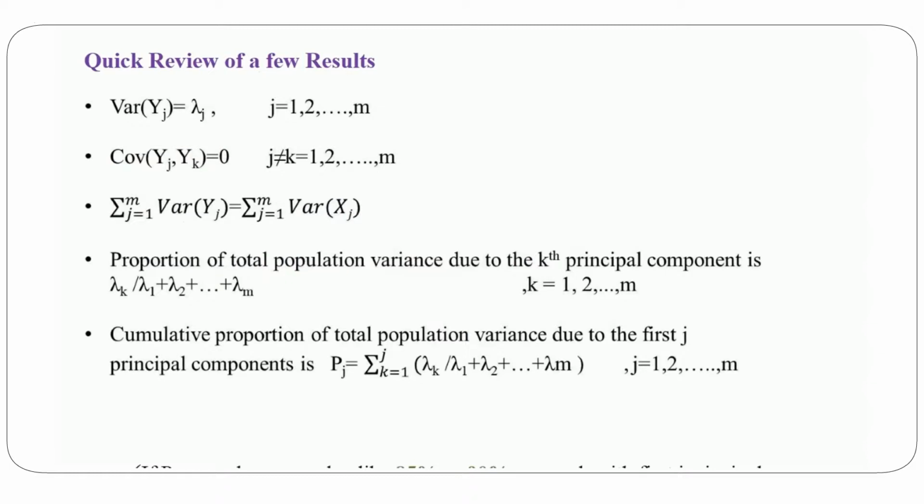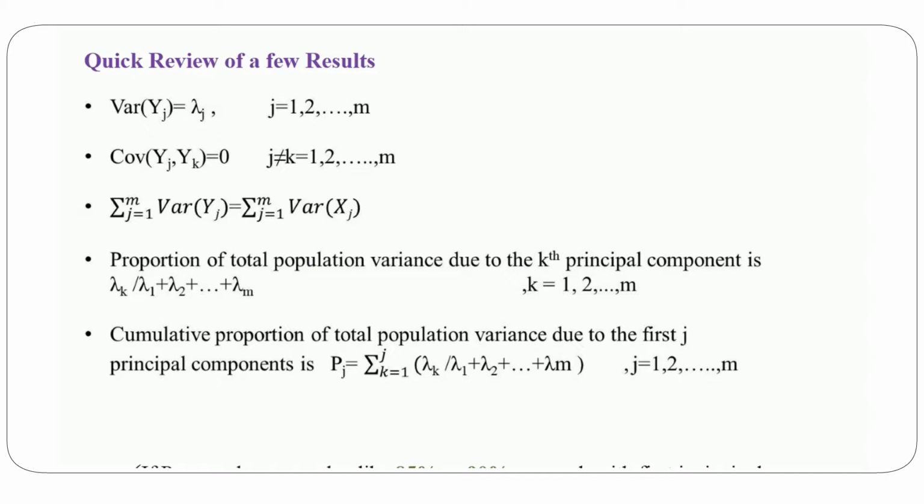So, let us have a quick review of a few results on principal component analysis. The variance of the jth principal component yj is given by lambda j, where lambda j is the jth eigenvalue of the correlation matrix R, and j runs from 1 to m.